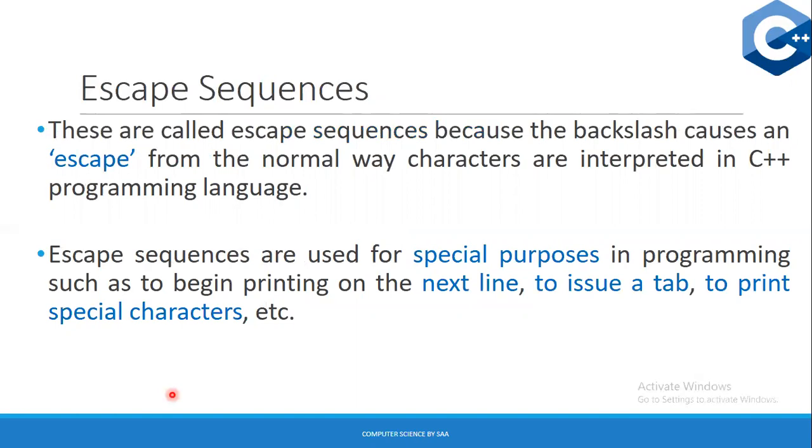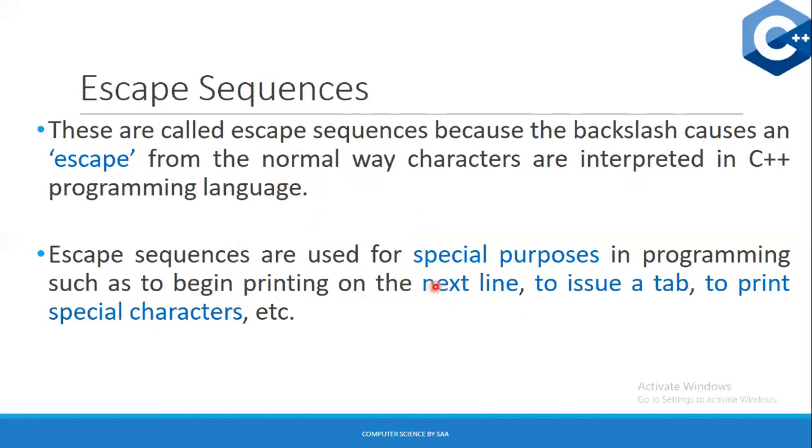Basically, the backslash is used to identify escape sequences, and it causes an escape from the normal way. That's why the interpreter of the C++ language identifies them with the help of the backslash.